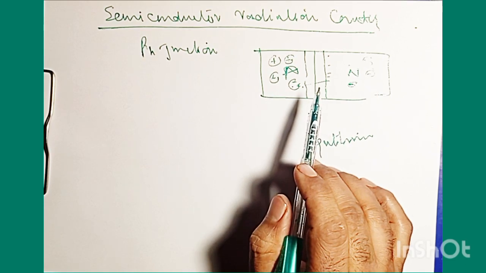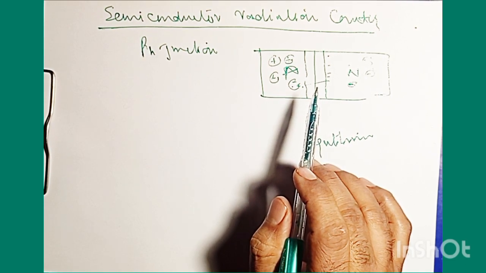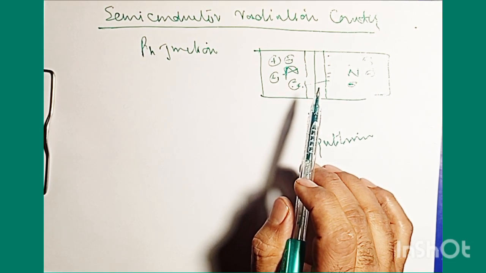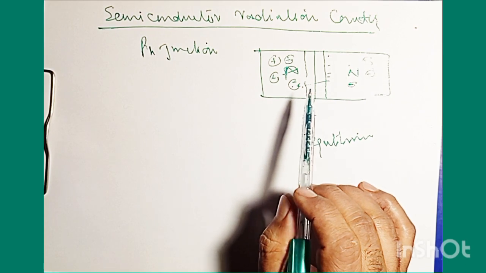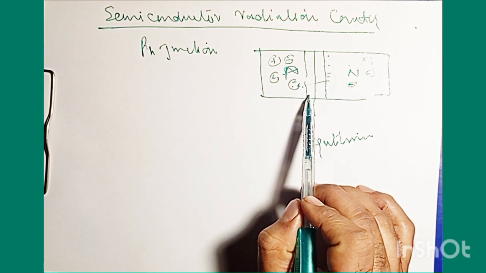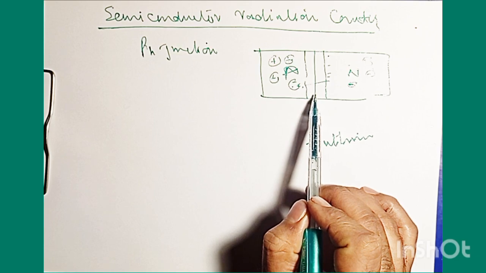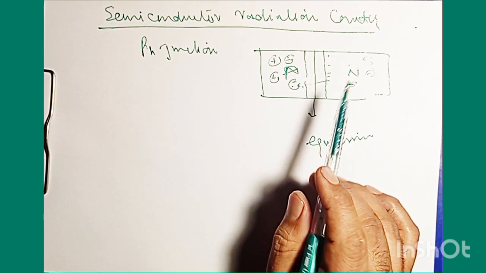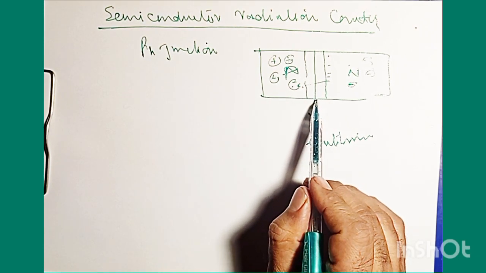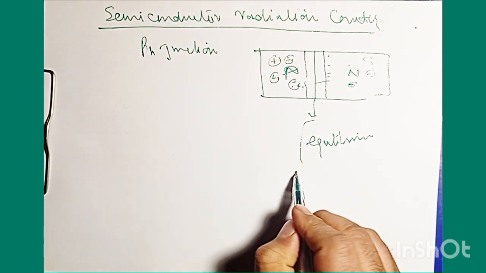The region in which the potential changes from positive to negative is called a transition region, or simply the depletion region.